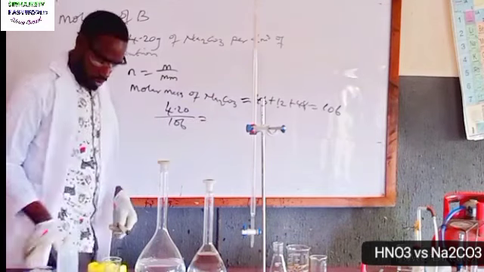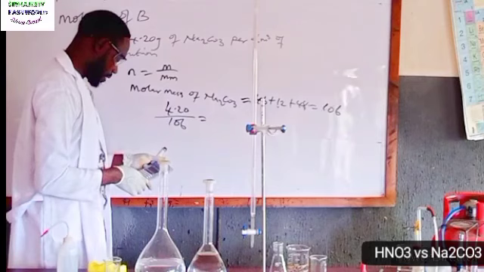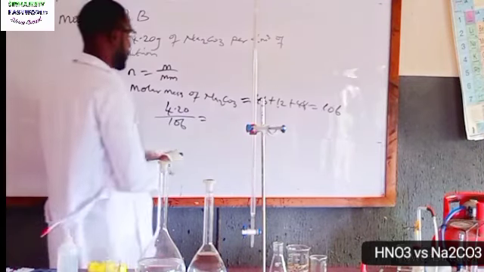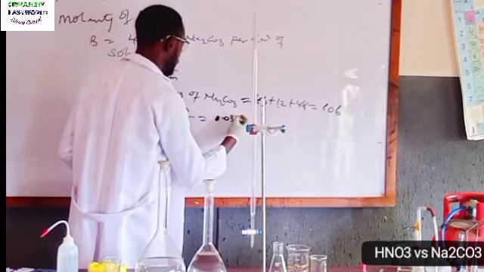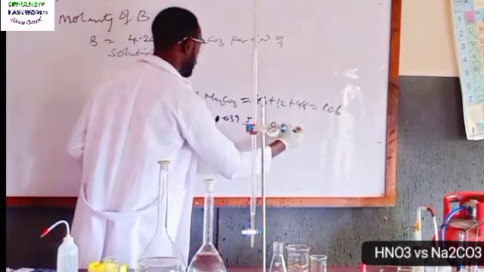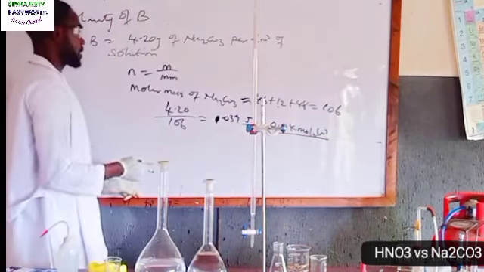4.2 divided by 106 gives 0.039 approximately, which is approximately 0.04 mole per dm cube. So this is our CB.